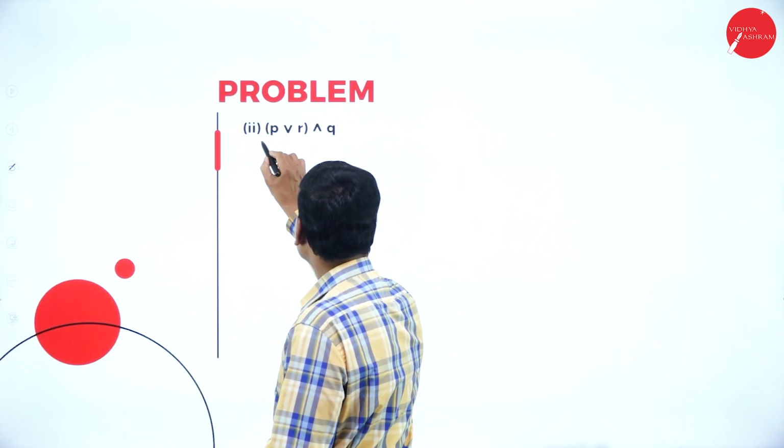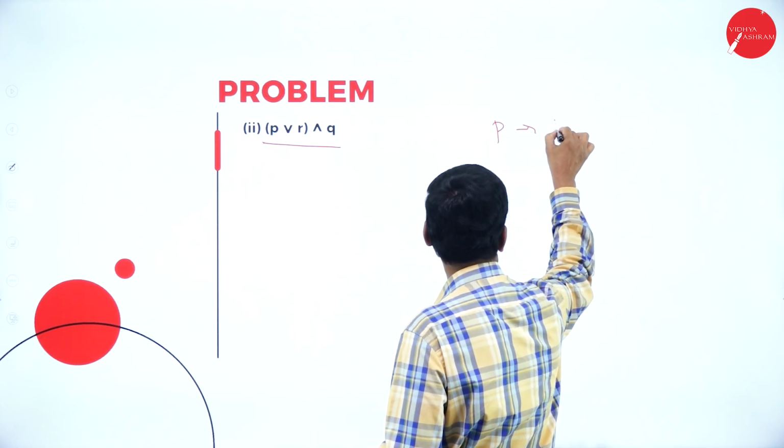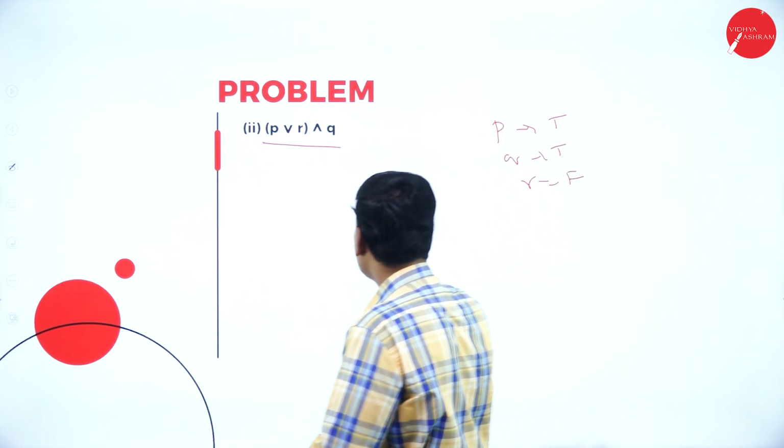The next problem is P disjunction R conjunction Q. Now we know the truth value of P is T, Q is T and R is F. Now split the table.